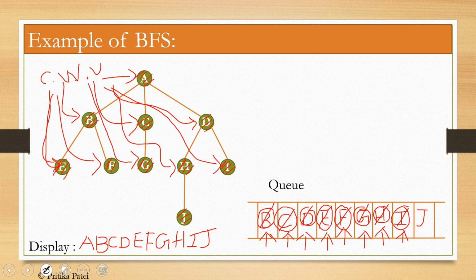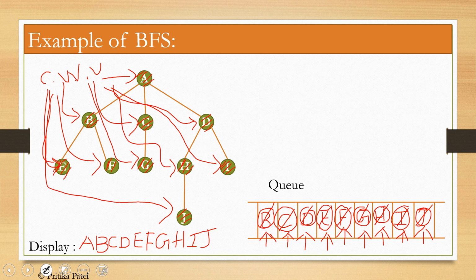No. So again update the pointer to the first element of Q, that is J. Now J becomes the currently working vertex and is removed from Q. Now our Q becomes empty.